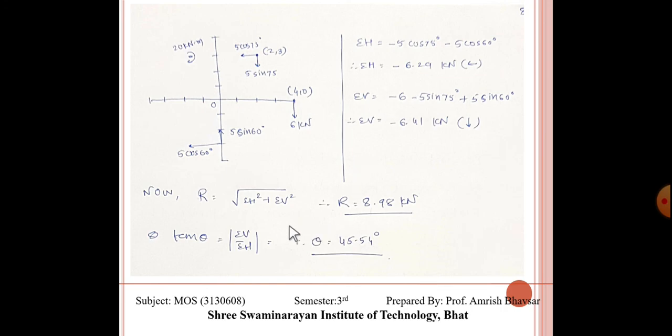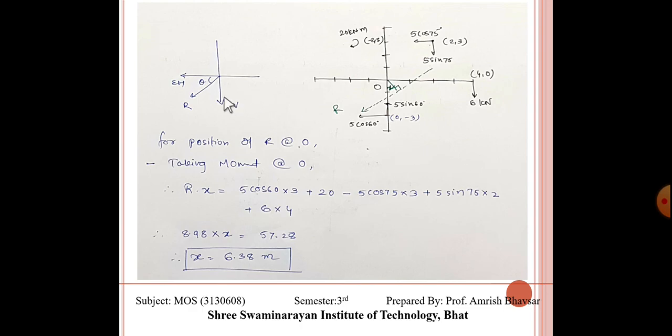Now the most important task, that is the position of R. So first of all, R is acting in quadrant 3 and we have R and theta. So this theta is parallel to the movement from O somewhere over here, and we can get this perpendicular distance x, that is the position.